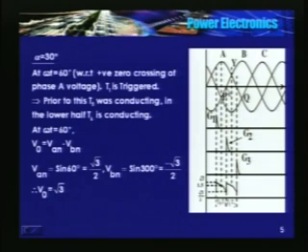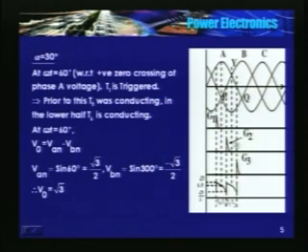VBN is approaching 0, maybe sine 360 minus, therefore it is 0. So the load voltage is VAN minus VBN, proportional to root 3 by 2 itself. So just prior to triggering T2, output voltage is root 3 by 2.